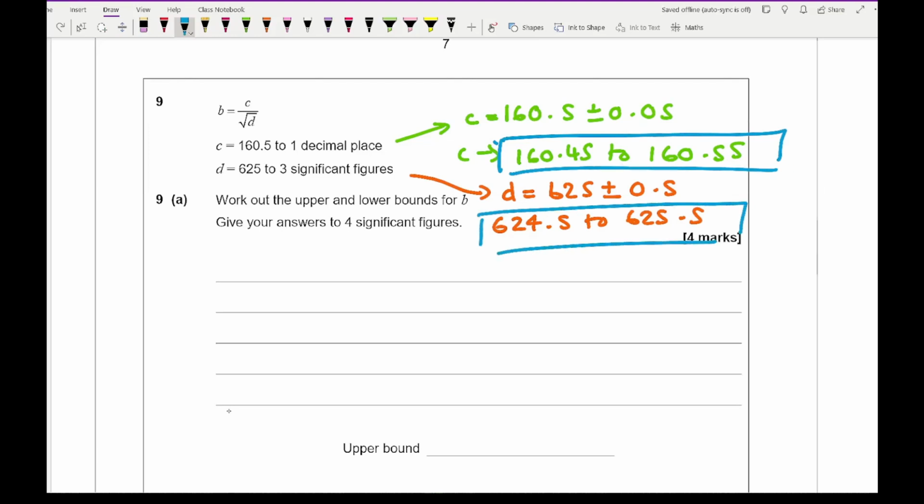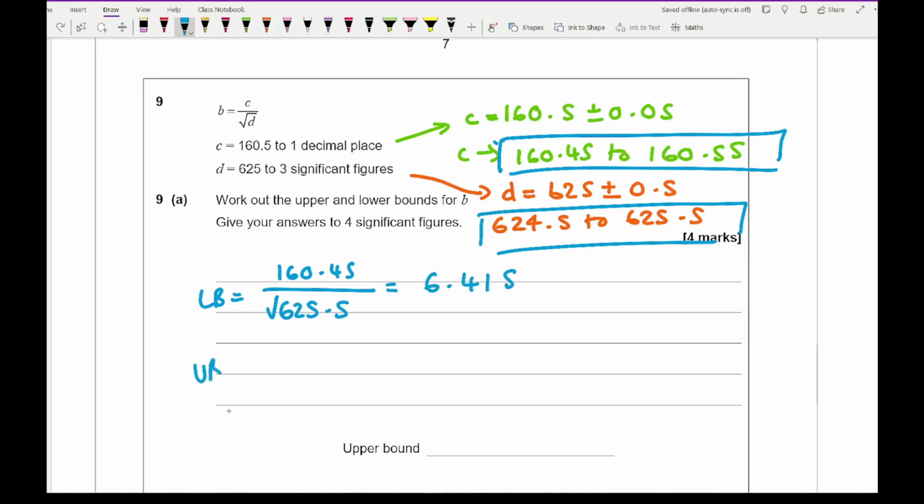So then to get the lower bound of this fraction, I need the smallest c, which is 160.45, divided by the biggest d value, which is going to be the square root of 625.5, and that gives me an answer of 6.415.